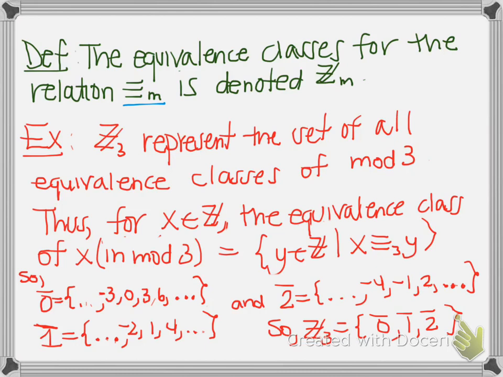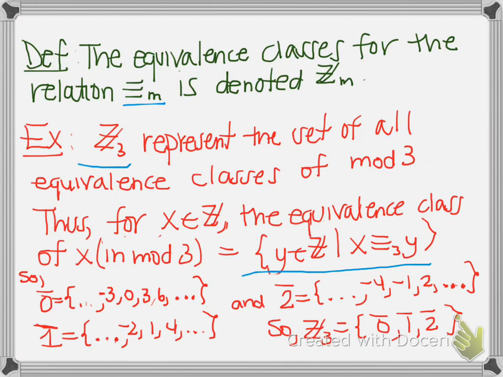For example, Z sub 3 represents the set of all equivalence classes of mod 3. Thus, for an integer x in Z, the equivalence class of x in mod 3 equals the set of y belonging to the integers such that x is congruent to y mod 3. Okay, that's how that's read.